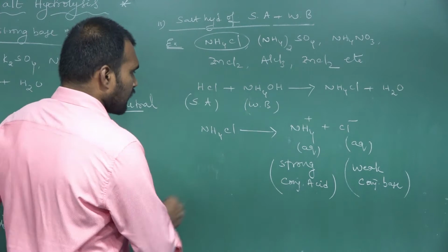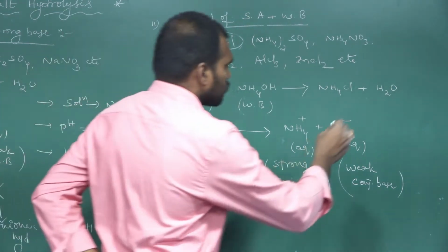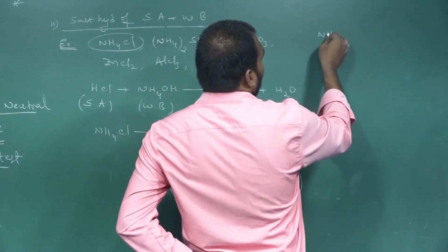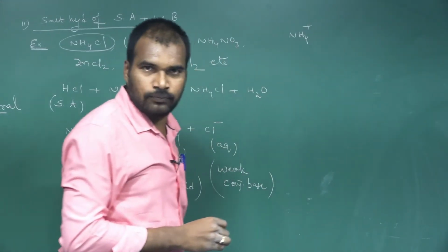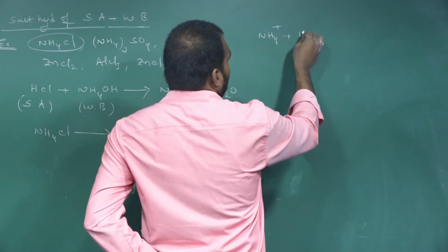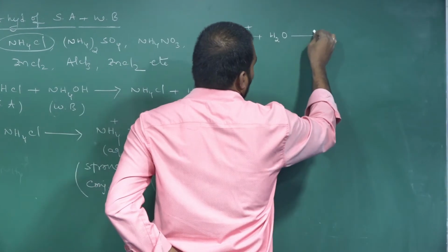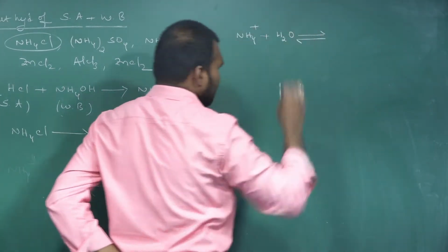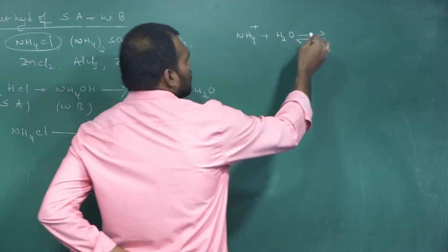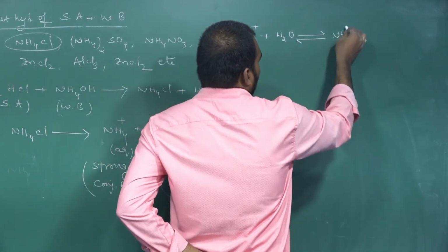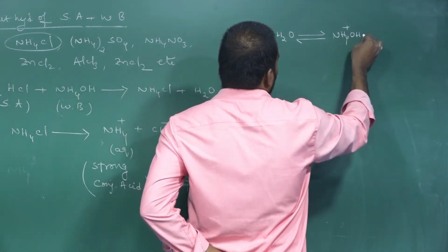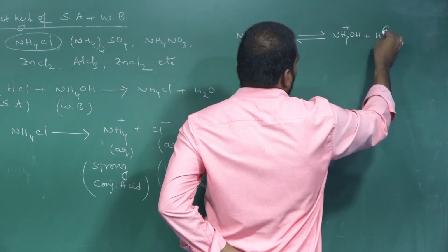Let us see how the cationic hydrolysis takes place. The NH4 plus ion, the cation, further reacts with water and produces NH4OH and liberates H plus ion.